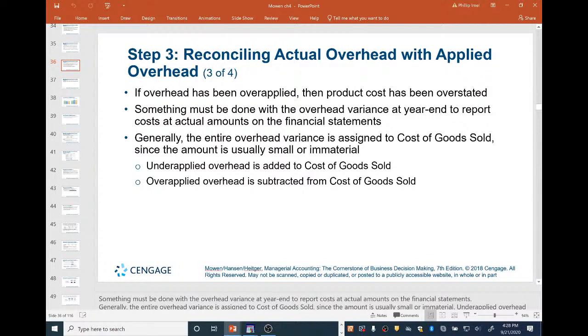Here, under applied overhead is added to cost of goods sold, because if it's under applied, then our cost of goods was undervalued, or under costed. So we need to add it. If it's over applied, overhead is subtracted from cost of goods sold, which makes sense because we have over costed everything throughout the year, so we need to back it out of cost of goods sold. So once again, if the variance is not material, it's just adjusted directly to cost of goods sold. Okay.